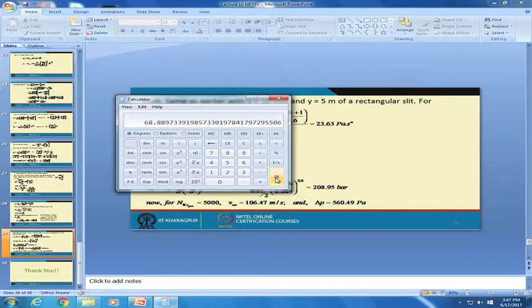That gives 68.889. This is also there to the power 1 by 2 minus 0.6, so 68.889 to the power 1 by 2 minus 0.6.